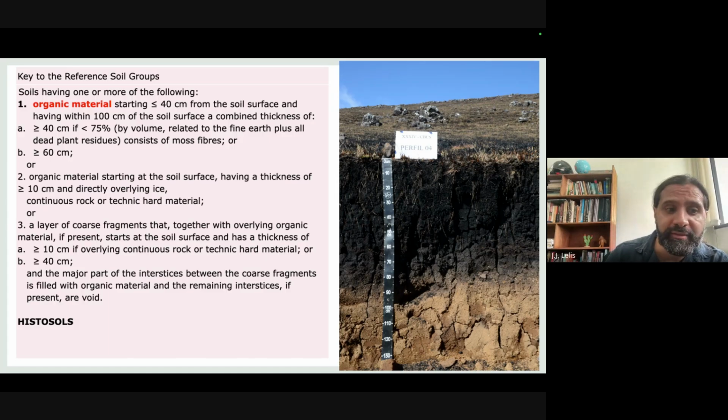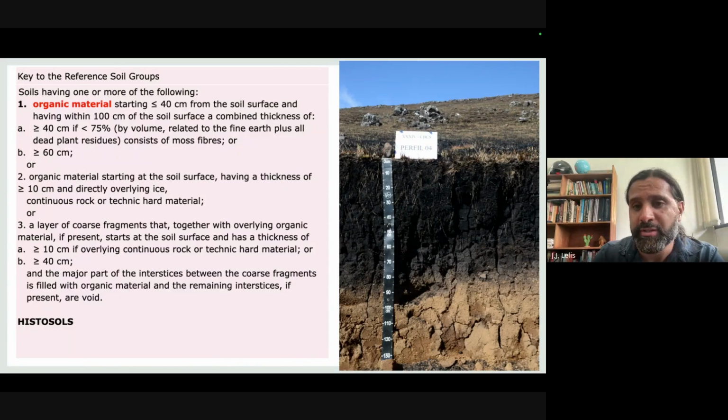Okay, and the third option is that I have a layer of coarse fragments that, together with overlying organic material, if present, starts at the soil surface and has a thickness of 10 centimeters or higher if overlying continuous rock or technic hard material, or 40 centimeters or higher, and the major part of the interstices between the coarse fragments is filled with organic material, and the remaining interstices, if present, are void.